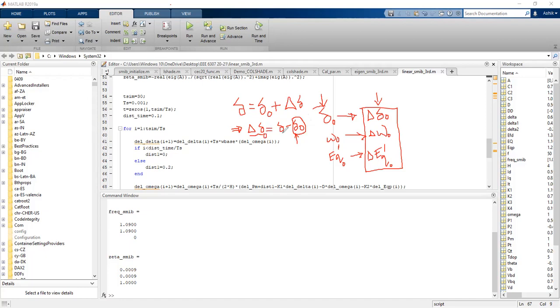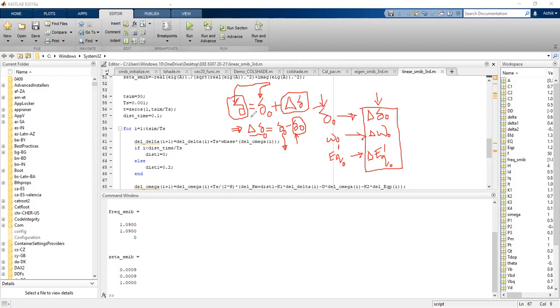And what would be the value of delta then? Delta should also take the value of the initial operating point. Remember, delta is an arbitrary variable that depends on the value of delta at the initial operating point, delta naught, plus any deviation. So at the initial operating point, this delta value and this delta naught are exactly the same.